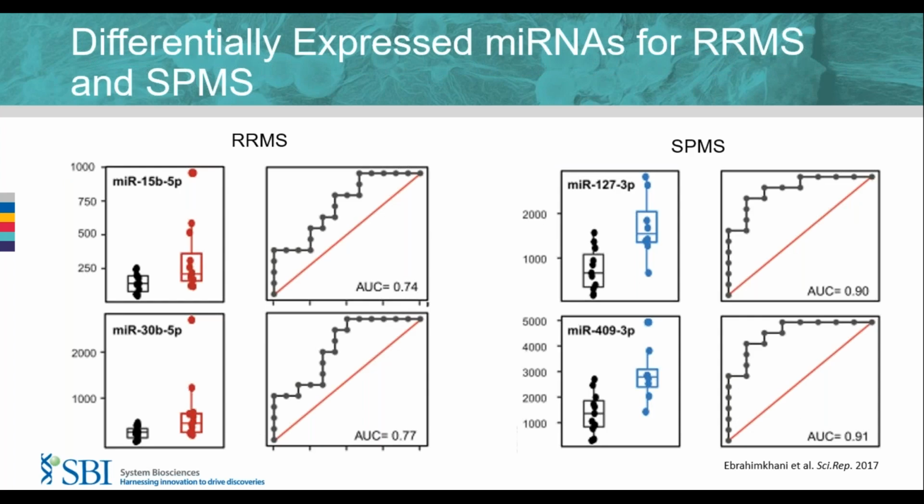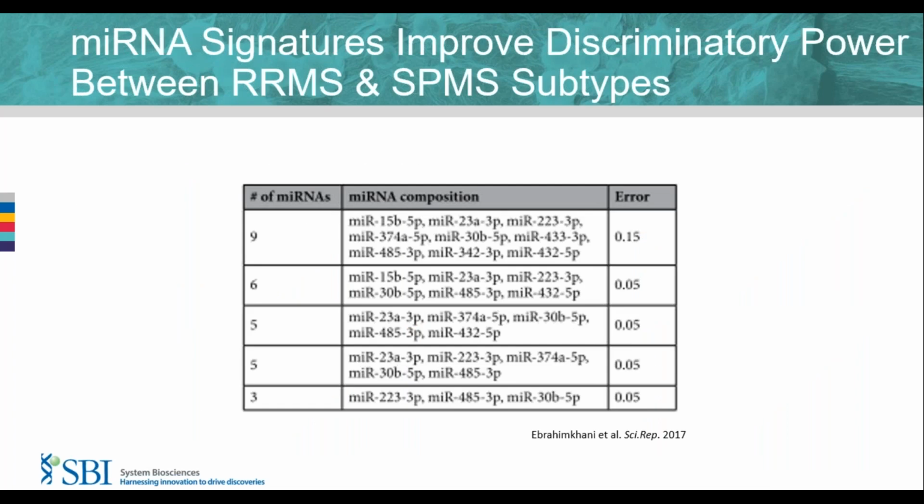They went on to assess ROC curves for each candidate microRNA and AUC measures for each of them in both of the groups, RRMS and SPMS. So with this, they had actually a signature of microRNAs, and they realized that by combining a set of the microRNAs, they could increase the power of stratification of the patients.